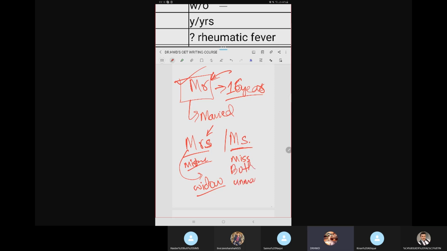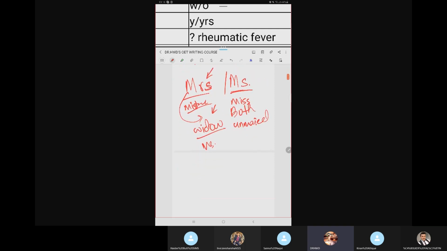Right? Do you guys understand? See, Mrs. is if even if she gets divorced, right? But a widow would not be called Miss. Do you guys understand this? Miss is if she's unmarried. Mrs. is if she's married, if she's widowed. A widow would not be addressed as Miss. She'd always be addressed as Mrs.